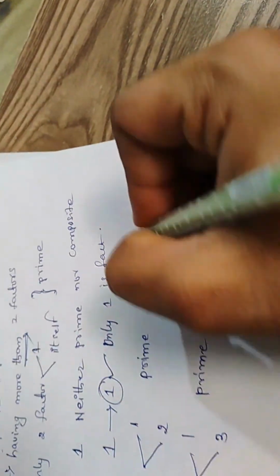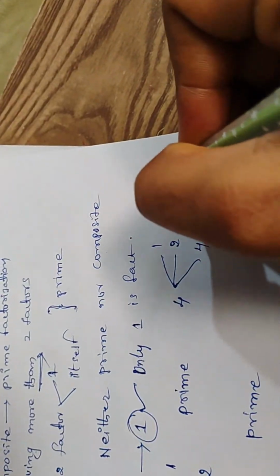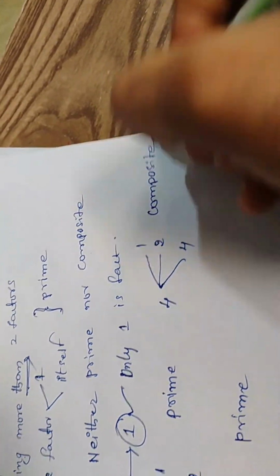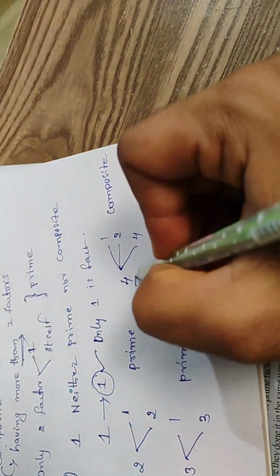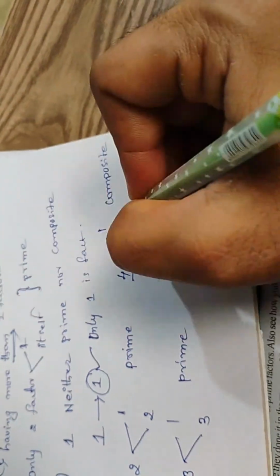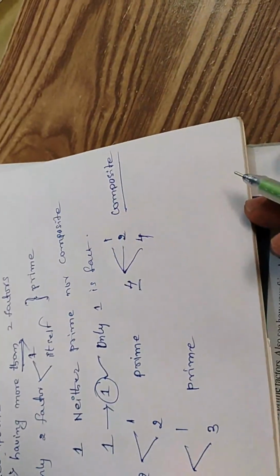Four has factors 1, 2, 4, three factors, so it is a composite number.